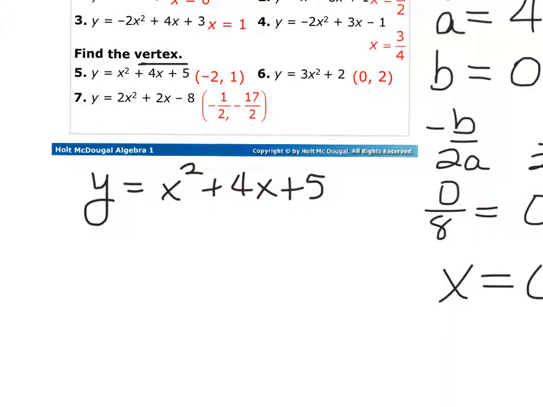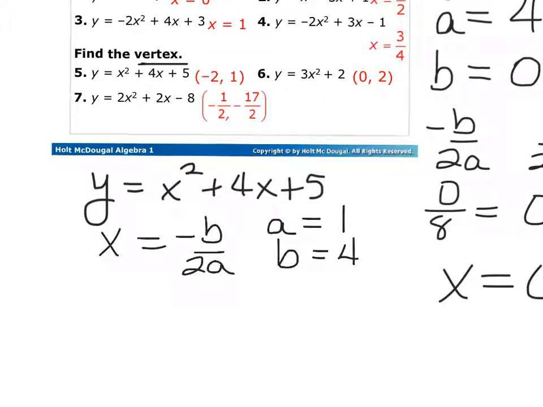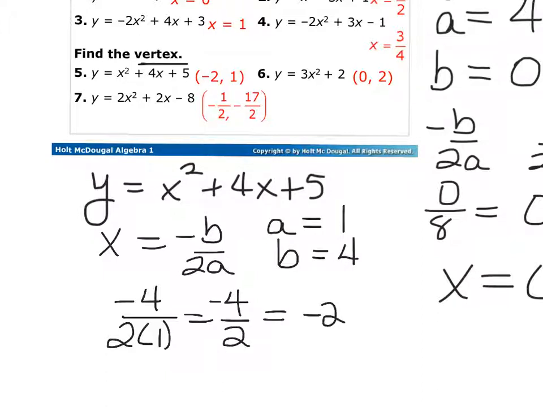Remember, the first step to find the vertex is to plug it into the axis of symmetry formula. So I'm going to identify that my A value is 1 and my B value is 4. So I'm going to put in here -4 over 2 times 1. -4 divided by 2 gives me -2. So my axis of symmetry is x equals -2.